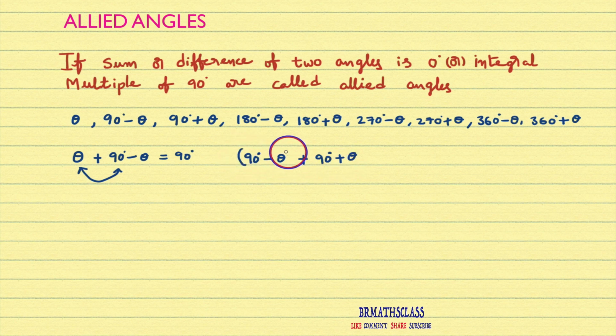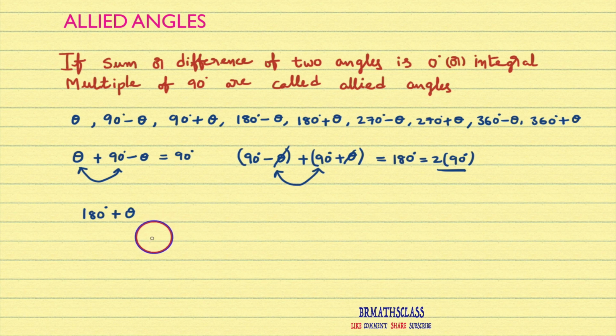Minus theta plus theta will get cancelled. 90 degrees plus 90 degrees is 180 degrees, which can be written as 2 into 90 degrees. So the sum of these two angles is an integral multiple of 90. So 90 degrees minus theta and 90 degrees plus theta are known as allied angles.